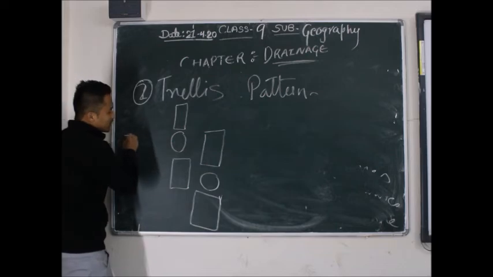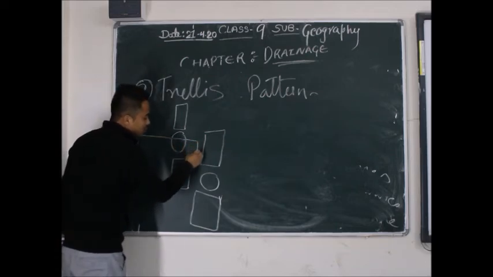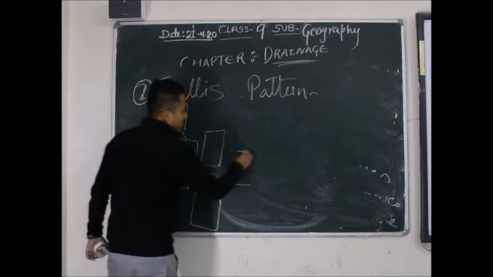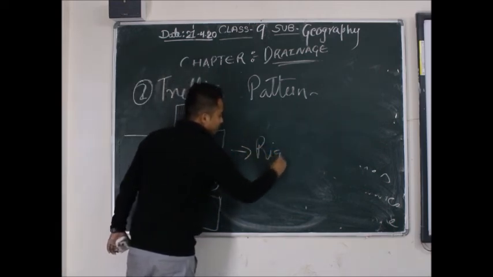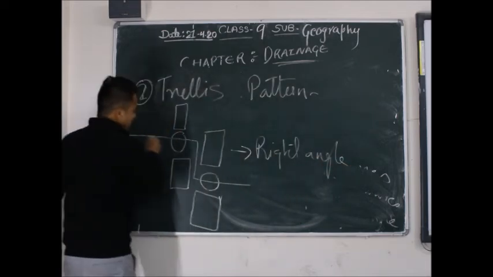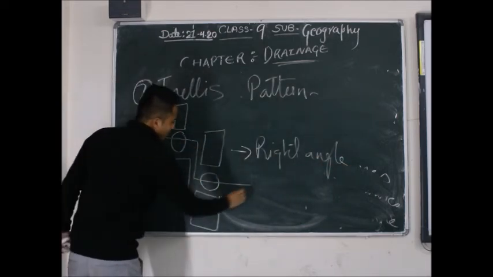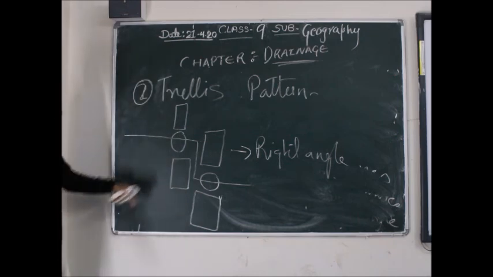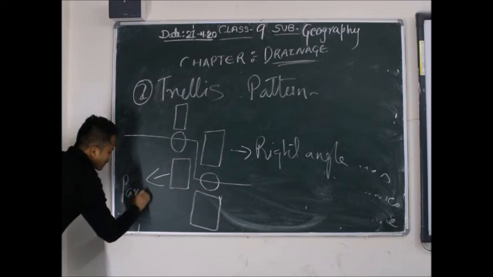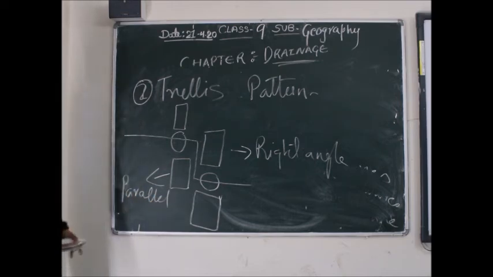In that manner, the river flows breaking the soft rock like this, and the river flows in a right angle. That means in this way. Okay. Here, the soft rock and the hard rock occur in a parallel structure.